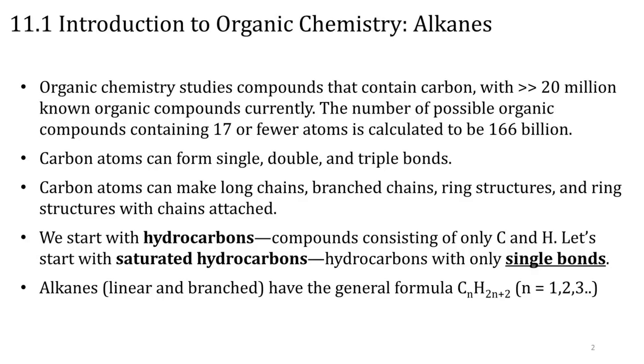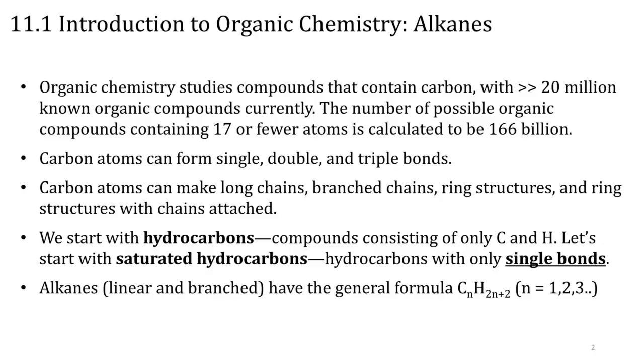So alkanes, this is our starting place, and alkanes are what we call hydrocarbons. A hydrocarbon is really a binary compound. It contains only carbon and hydrogen. And alkanes are a specific type of hydrocarbon. They're what we call a saturated hydrocarbon. A saturated hydrocarbon has only single bonds throughout the compound. So there are no double or triple bonds.